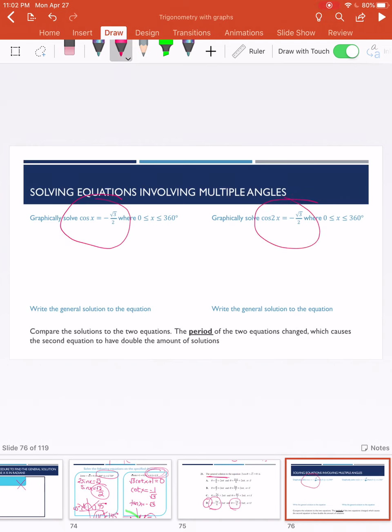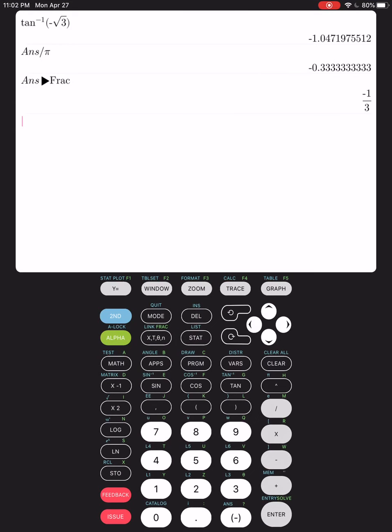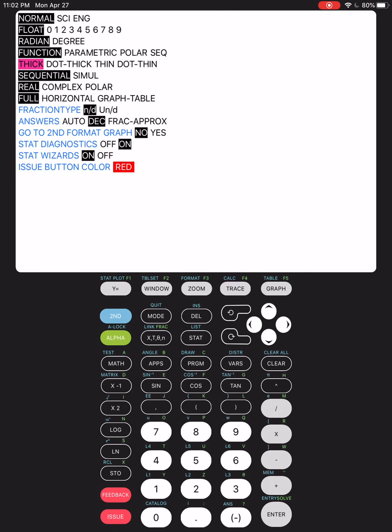Okay, the last thing I want to show you is just something quickly on your graphing calculator, which deals with multiple angles, but we won't dive too far into multiple angles. So let's try, I want you to graph this. We're going to stay in degree mode here, and we're going to graph cos x equals negative root 3 over 2. Oh, I'm in radians, so I got to go to degree.